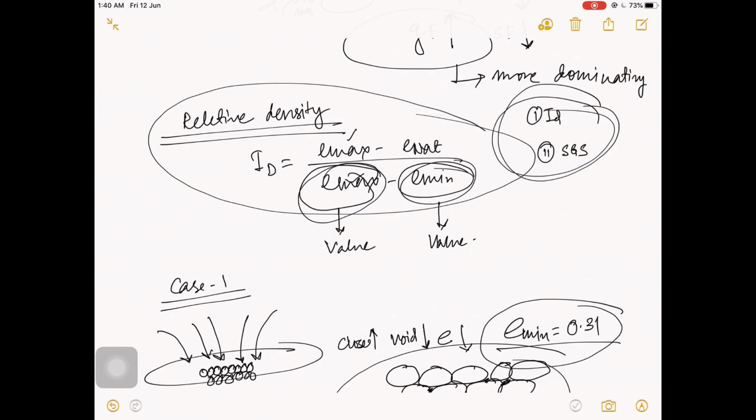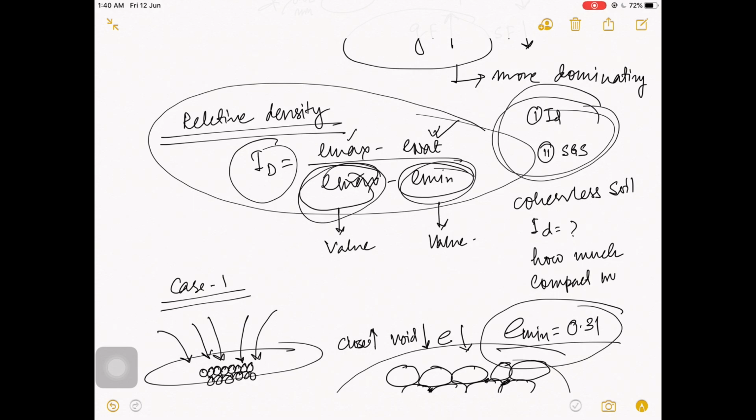So when we are working on cohesionless soil, we have to find E natural, then find Emax and Emin, and then find ID. Depending on the ID value, we decide how much compaction we need.